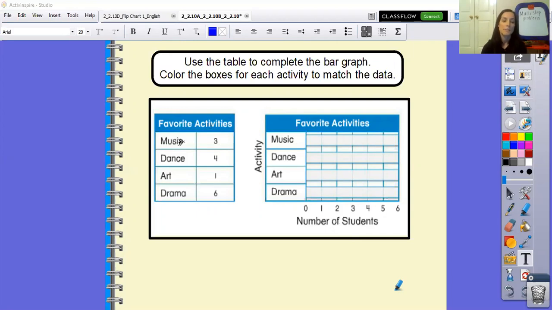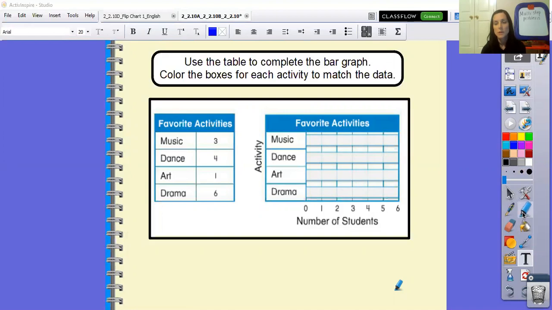First, we're going to look at music, and it says 3 people like music as their favorite activity. So we are going to shade in our bar graph to reflect it being 3. So we would look over here on music, knowing that there is 3, we would shade in 1, 2, 3 squares because we want it to come all the way down and line up with the number 3.